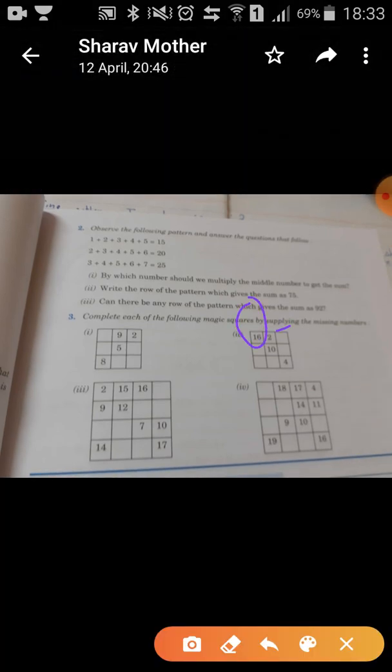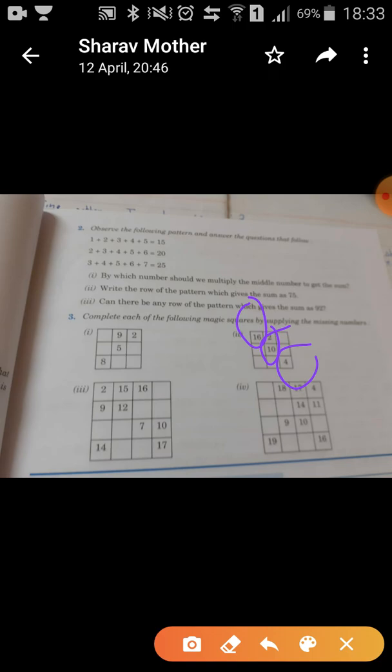Okay guys, so just now I explained you sum number 1. Now you guys will do sum number 3 on your own. On this one, this corner to corner has already been given as 16, 10 and 4. So from here you'll get the sum, which is 26 plus 4, 30.